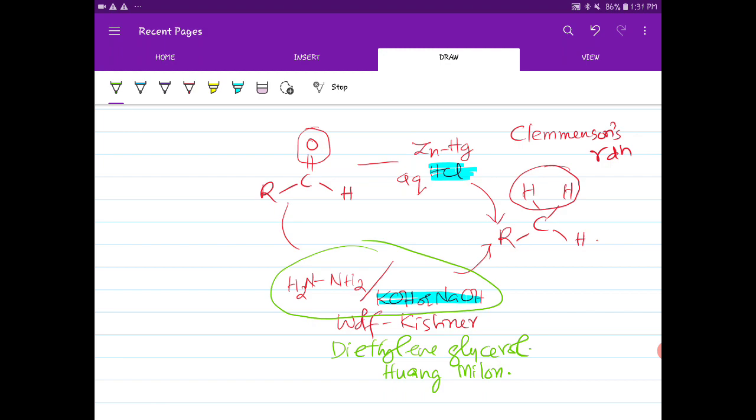Actually, this Wolff-Kishner reduction is again modified. There is dimethyl sulfoxide and potassium tertiary butoxide.